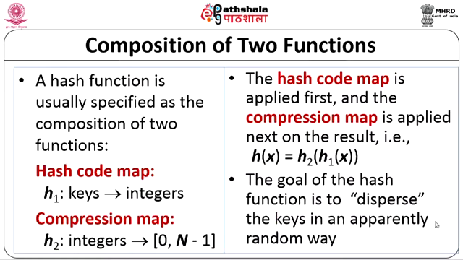The goal of the hash function is to disperse the keys in an apparently random way. Now, we are coming to the properties of the hash function. A hash function is normally a combination of the hash code map and the compression map. Finally, the function of the whole hash function is to disperse the keys randomly in the table, that is our property. Now, we are going to define the hash functions.